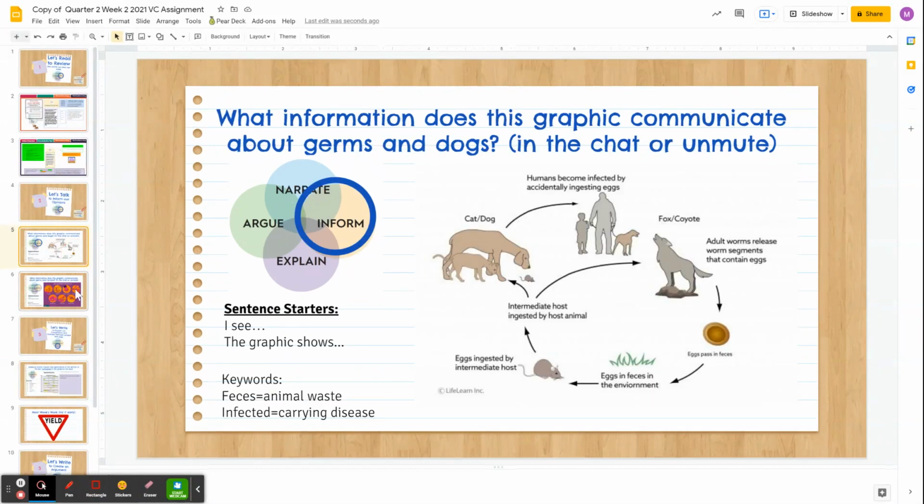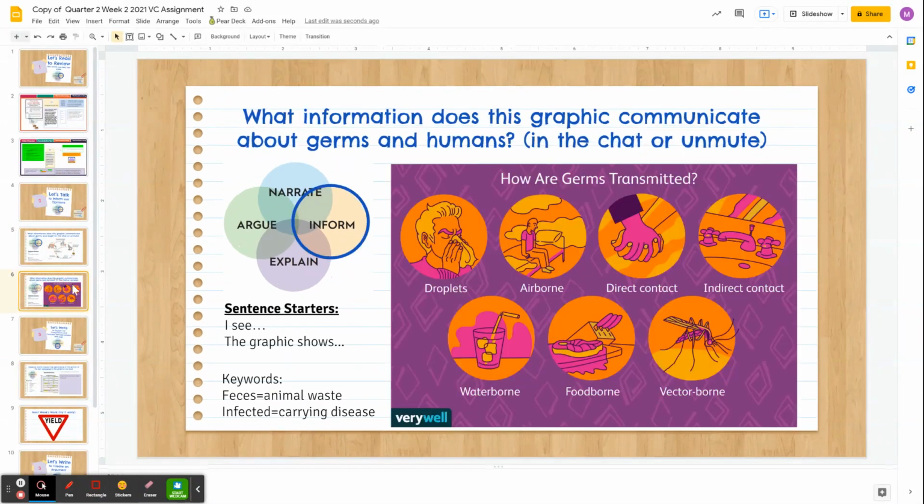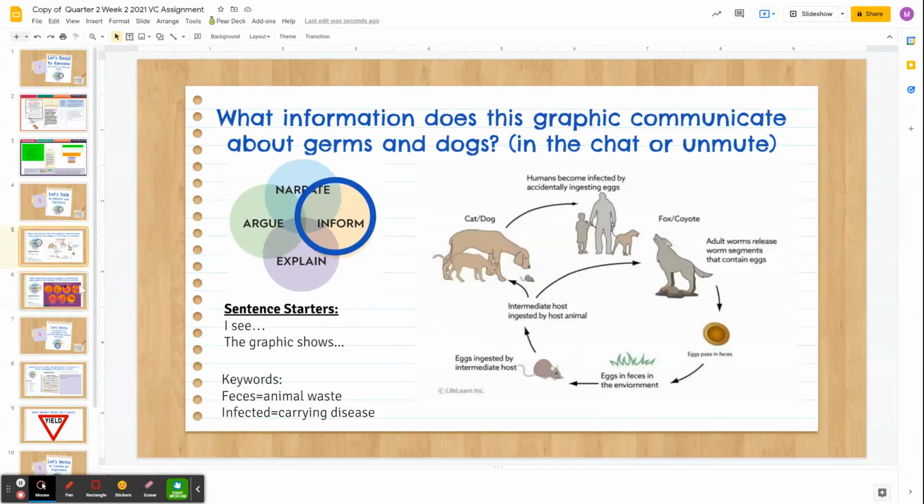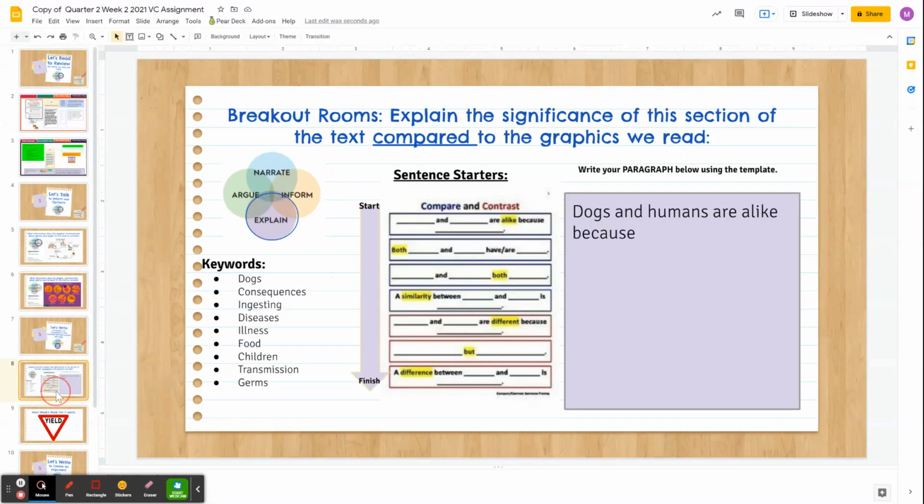That gives me the information. It tells me exactly my interpretation of those, tells me exactly how humans and dogs are alike. If you want to use the word children here, you're welcome to. Over here is a keyword bank that if you would like to use it in creating that comparing and contrasting statements, you're welcome to use that as well.